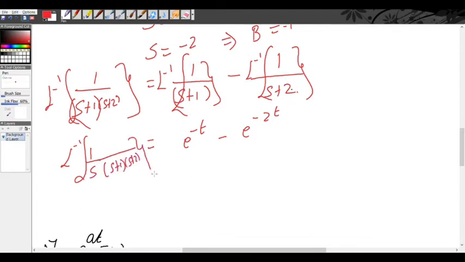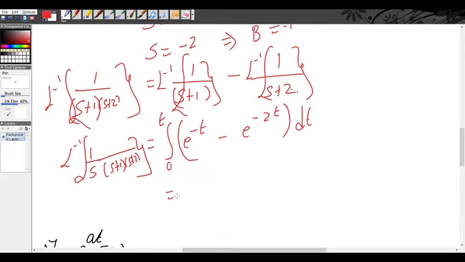We just studied some properties, so I am going to use that particular property here. A 1 by s in the s domain is nothing but integration in the time domain. Integration of e power minus t minus e power minus 2t into dt.